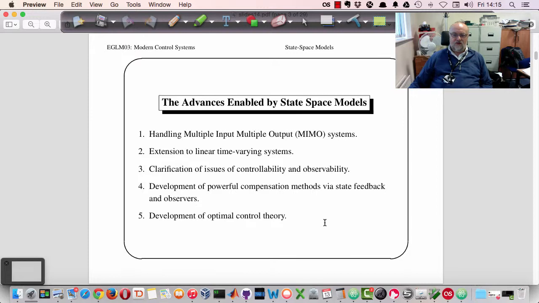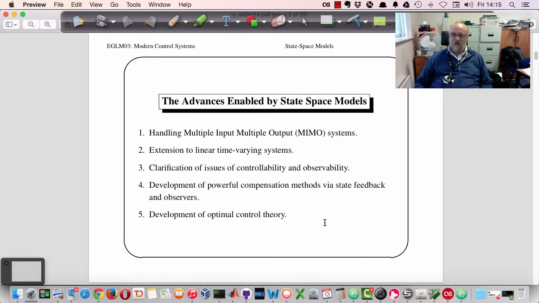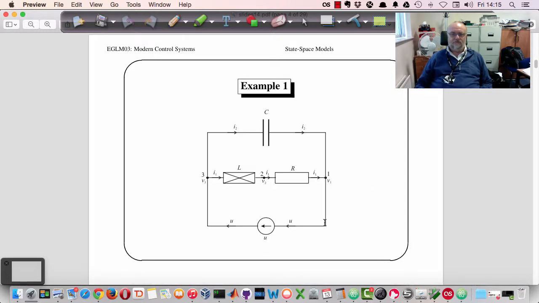And that leads us on to optimal control theory and tools that allow us to get the best possible design for a given set of circumstances. So they're very powerful, and they lead to very powerful techniques. We can only scratch the surface on this course, as usual, but hopefully allow enough of an introduction to be able to carry on should you need to find out more later on.